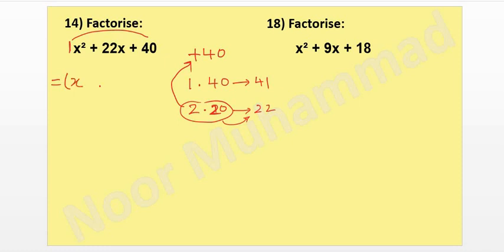I will say x plus, better write the bigger number first, it's 20, and then the smaller number, that is 2. So this is the answer. And by the way, please remember, in the quizzes or in the exams, by multiplying these two factors, you can check your answer. Okay, now better pause the video here and solve question number 18 on your own.